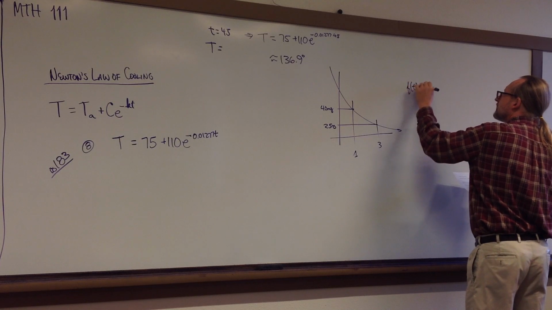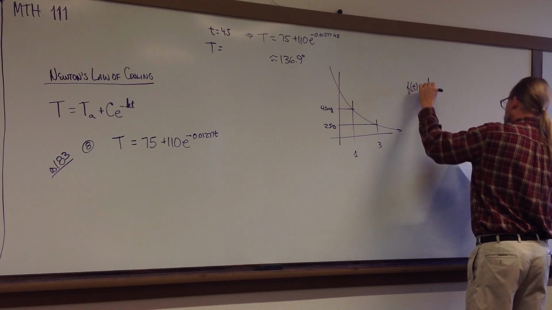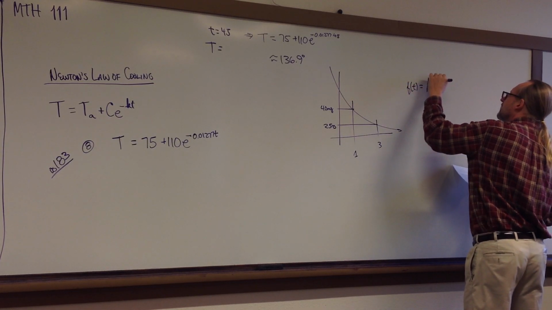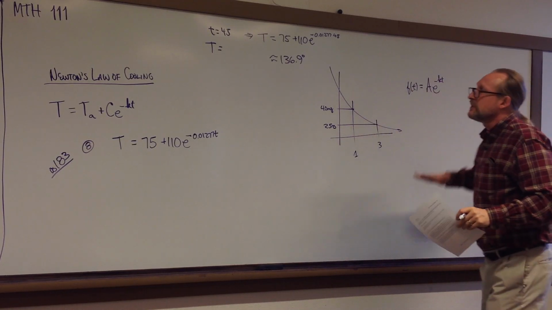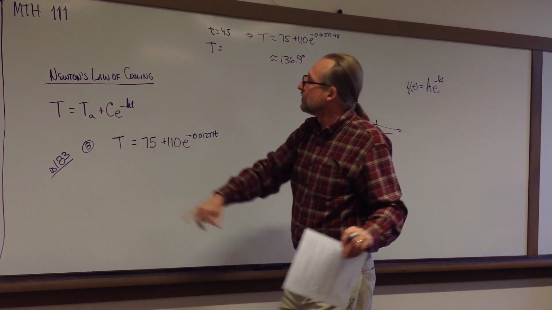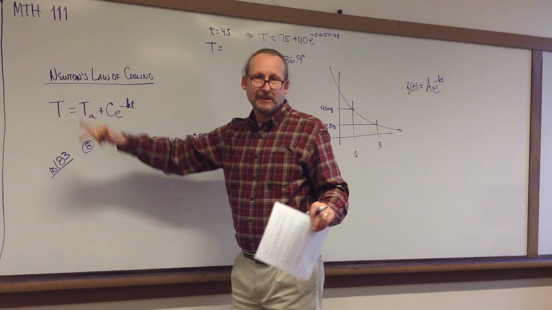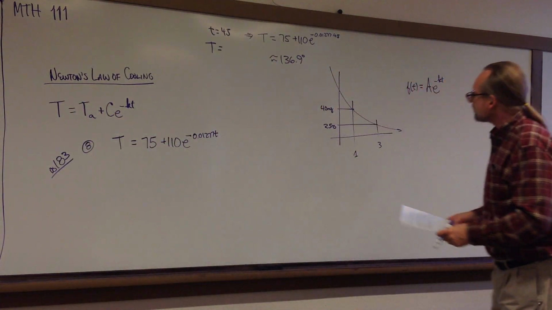This equation is a little bit simpler. You've got A e to the minus KT, because this is going down to 0, whereas in Newton's law of cooling, it's going down to the ambient temperature in the room.